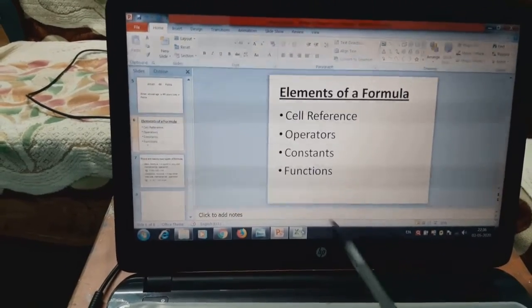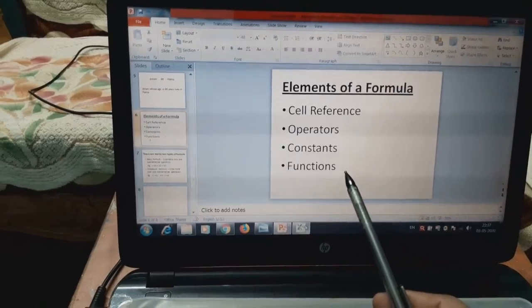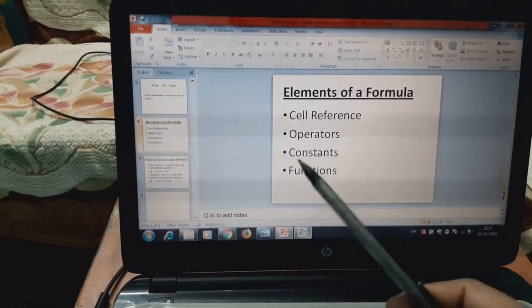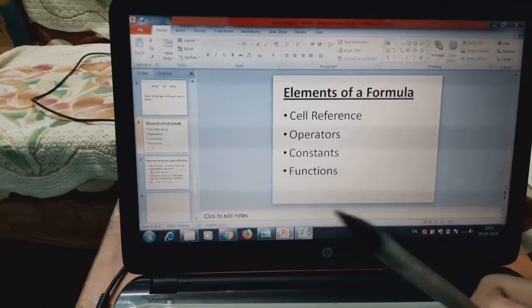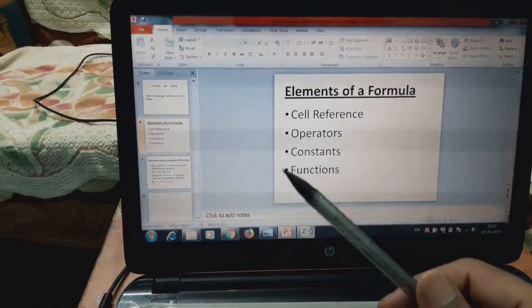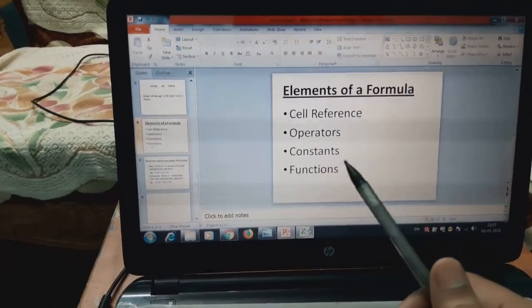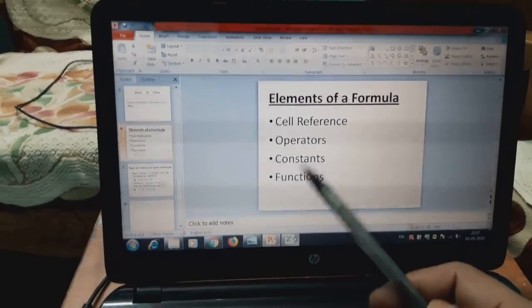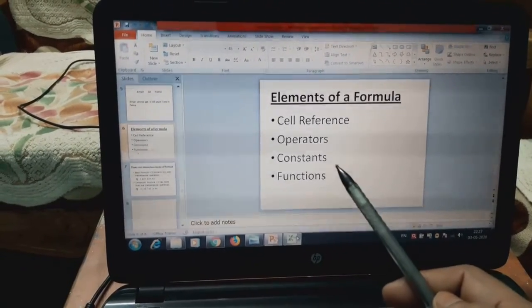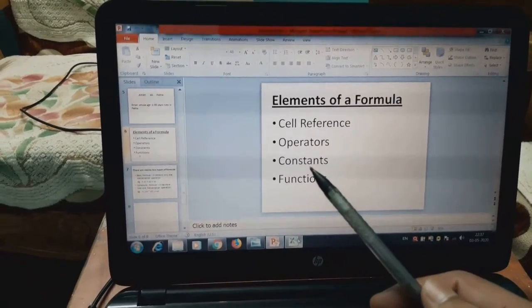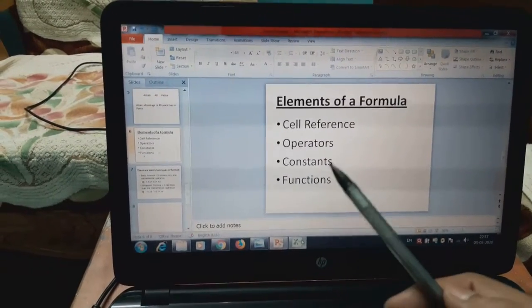Now third one is constant. Constants are the numbers or text values that can be entered directly in a formula, such as we can give the example 10. 10 is a constant. We can give another example like the name of any person, Amit, Rahul.